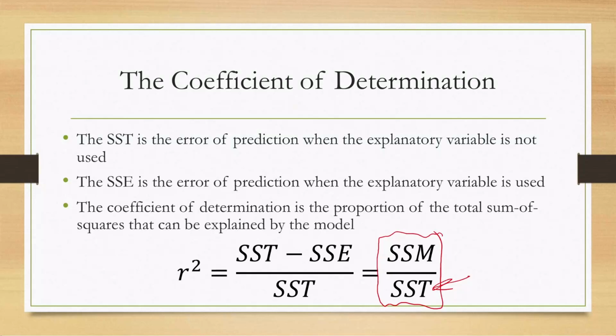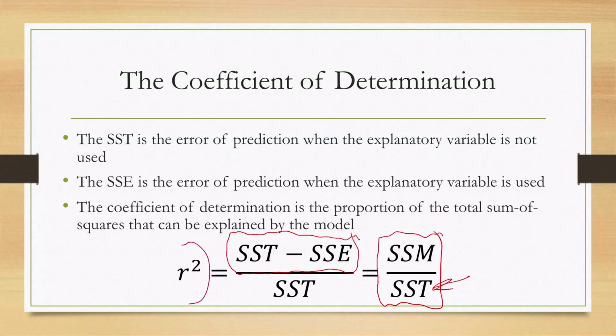That is our model that we're using to predict the response from that explanatory variable. Now here I've shown that the sum of squares model, we know from the previous videos, is just the sum of squares total minus sum of squares of error, the residual. So these are just two ways of expressing the same thing.